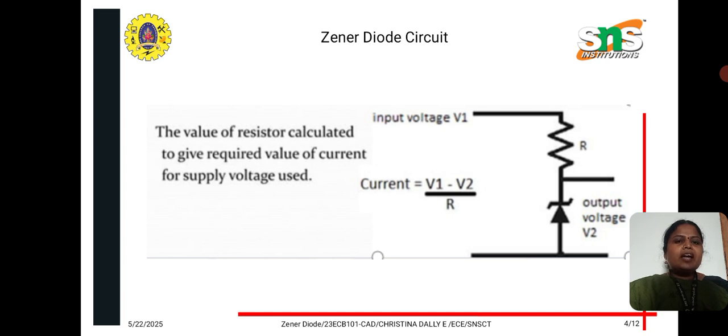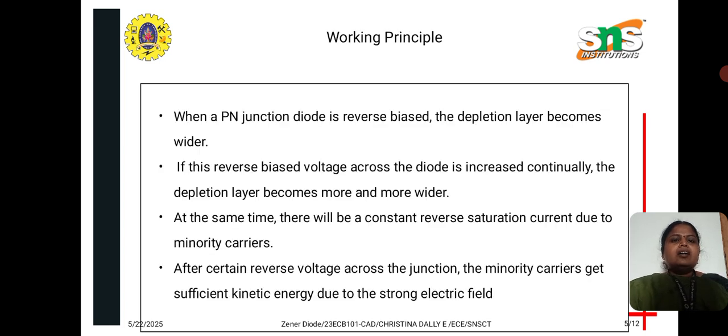Here we are going to calculate the value of the resistor to give the required value of the current, and the current can be measured in terms of the voltage and the resistance, that is V by R. So the current is V1 minus V2 divided by R. So this is the working principle of the Zener diode.